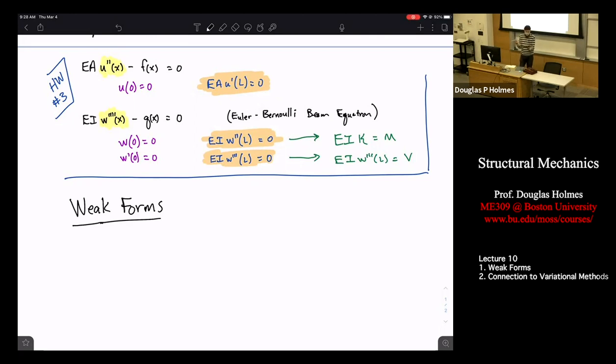So let's take our equation, EA times u double prime of x minus f of x is equal to 0. Let's just define this equation and call it R of x. The reason we're using R is we're going to call this our residual.